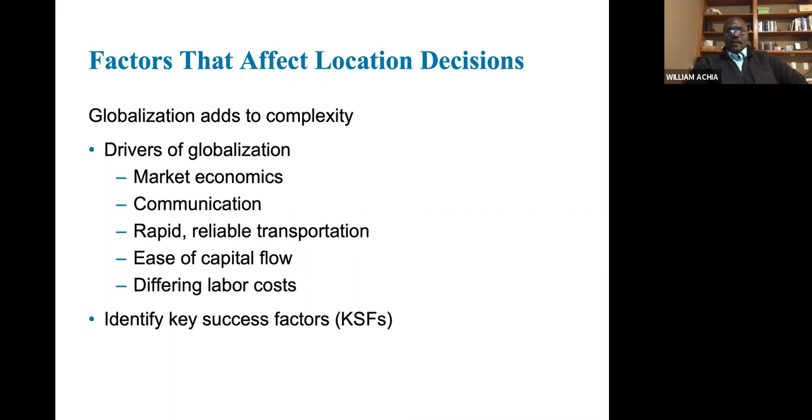Okay, so we'll talk about some of the approaches to determining that location. Right at the bottom here, we have this key success factors.